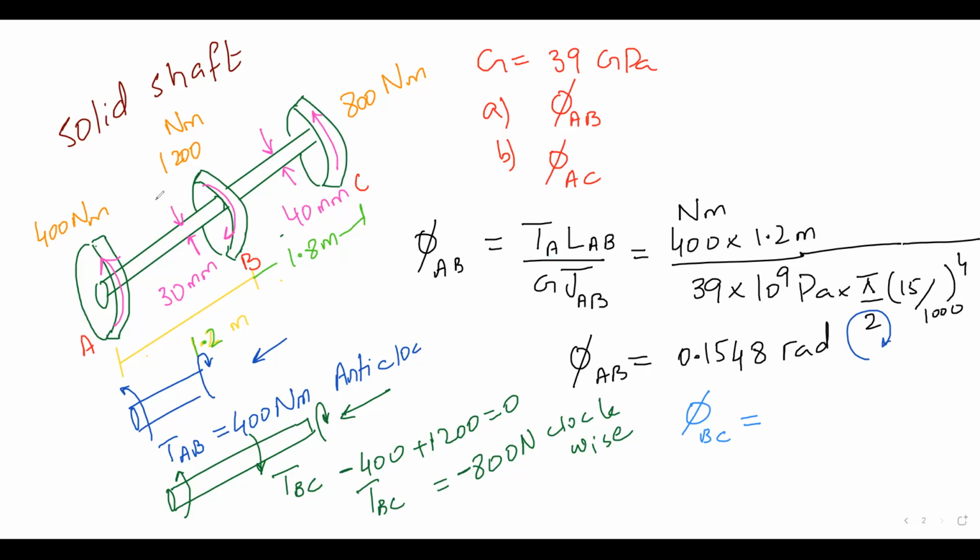But anyways, TAB will still come out with it. This one is TBC. I'm using prime here because I will not be using the same sign. Then LBC over GJBC. Instead of this, I will not write these symbols.